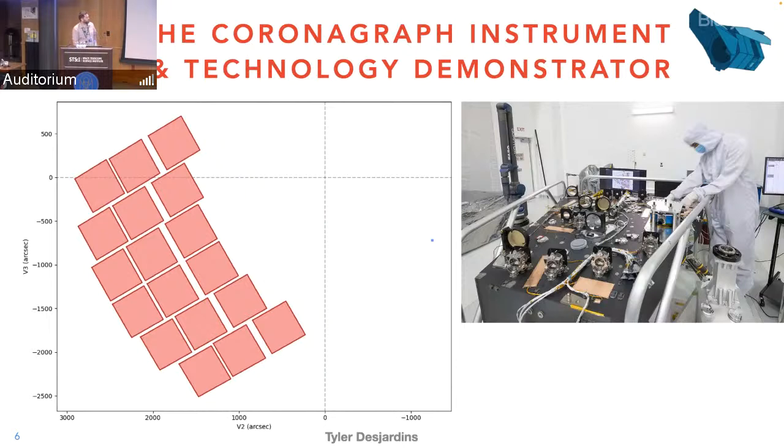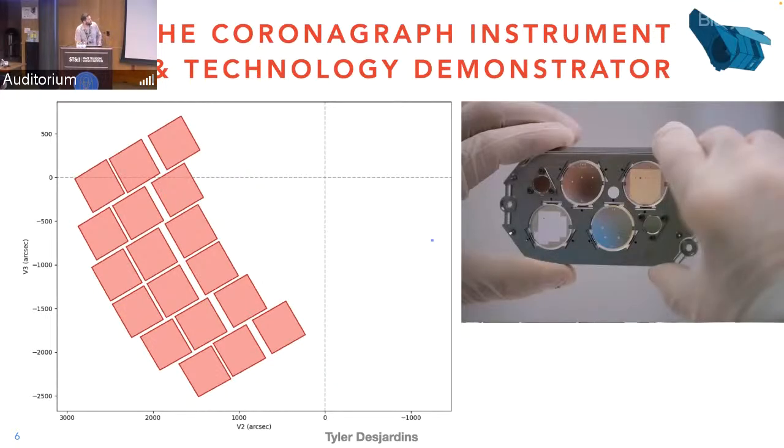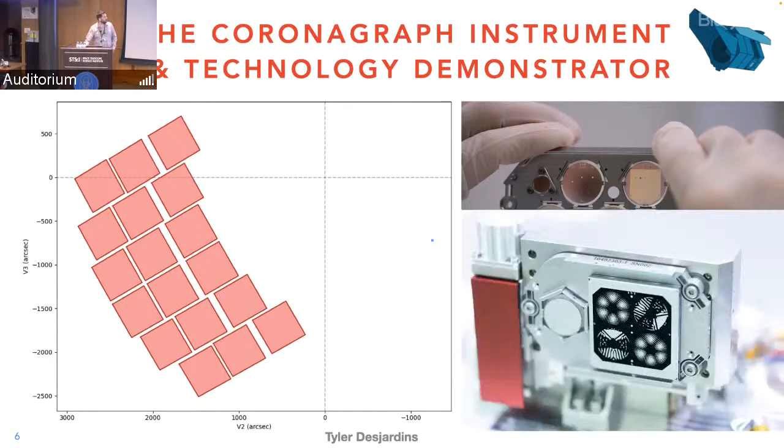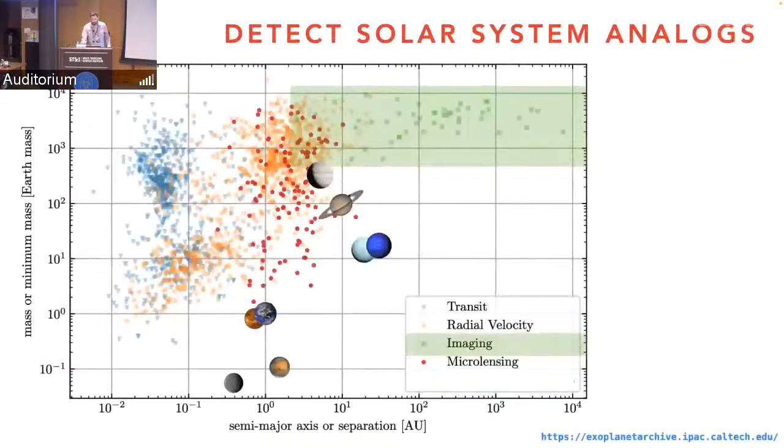And that's for real, you know. That's the coronagraph instrument in the clean room as we speak. The focal plane masks and some pupil elements here, Lyot stops. Not going to put too much detail. You've seen this several times, especially with Sam before.